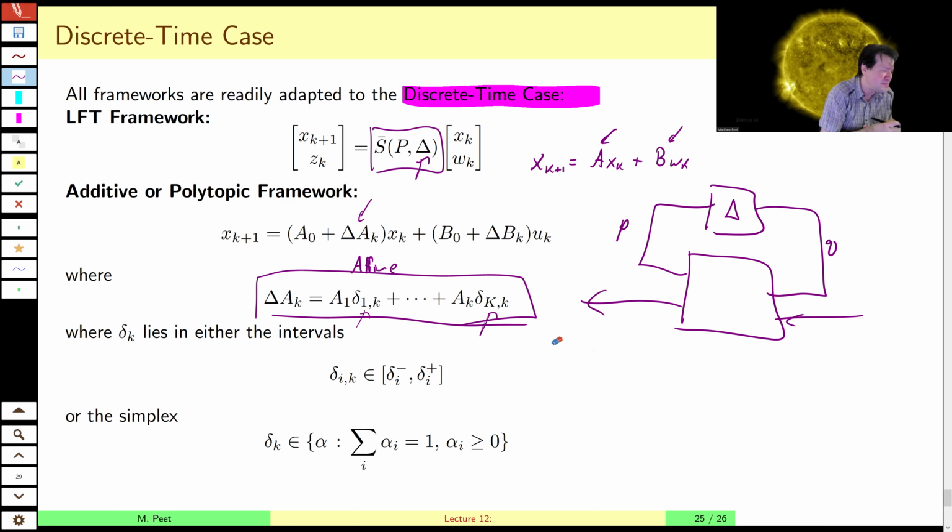I'll briefly mention some results on the discrete time case in the next lecture, but they differ so slightly from the continuous time case that it's not really worth going over them again for the most part.